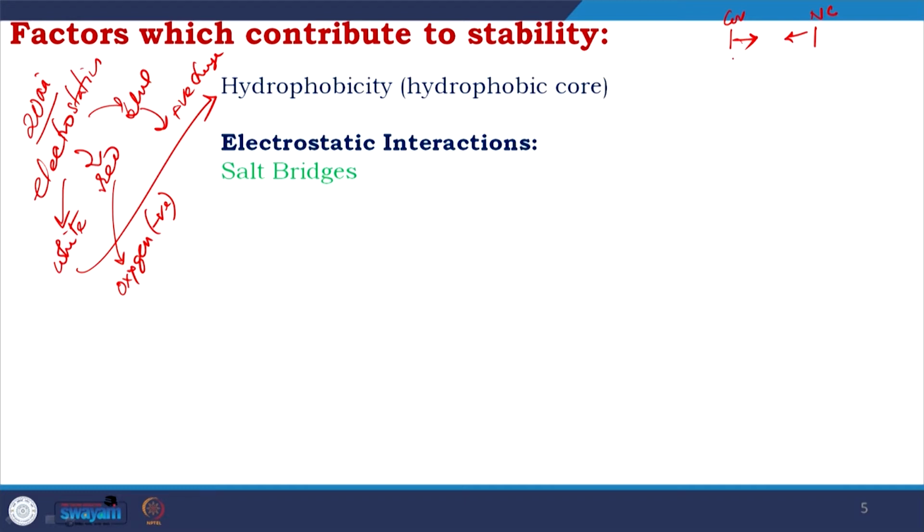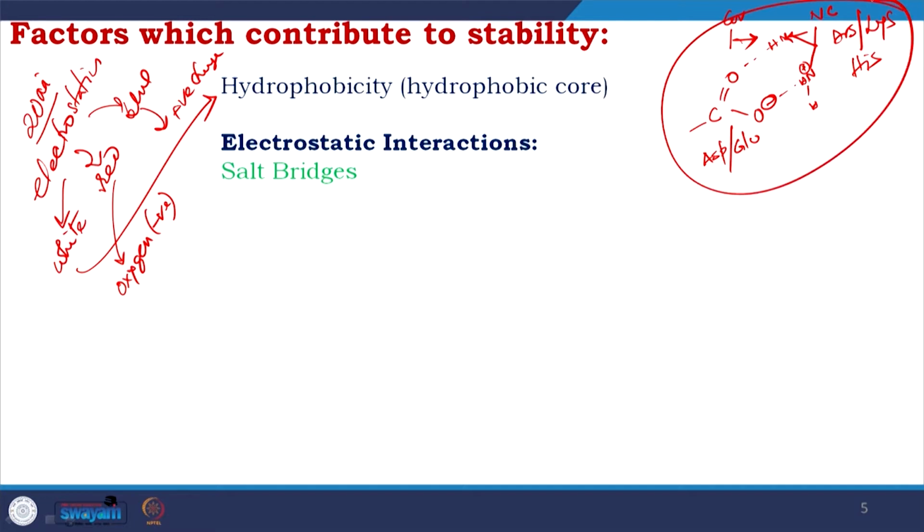A salt bridge is formed between aspartate, glutamate with arginine, lysine, and histidine. By introducing a salt bridge, you could enhance the thermostability of a protein.